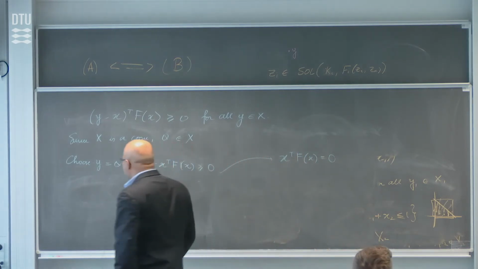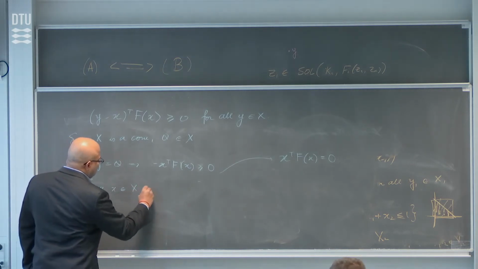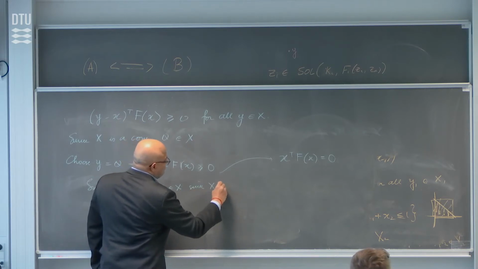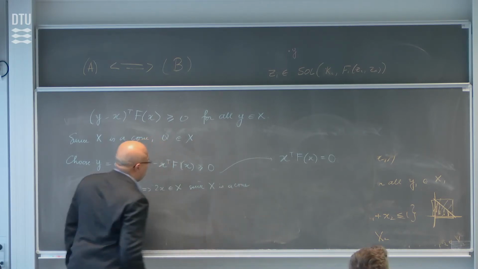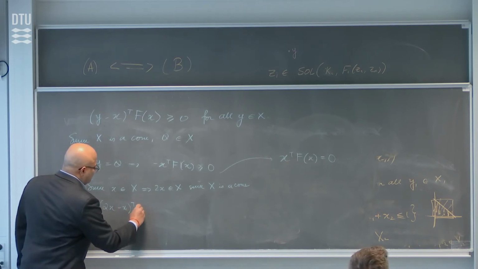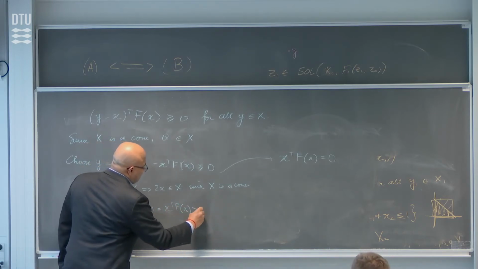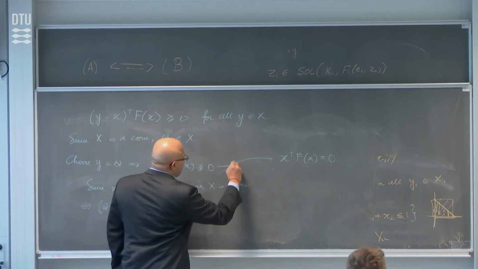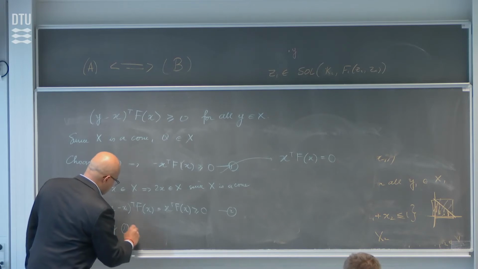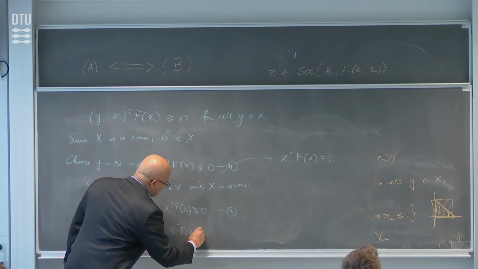So since x lies in X, it implies 2x lies in X since X is a cone, which implies (2x minus x) transpose F(x), which is x transpose F(x), is greater than or equal to 0. So by 1 and 2, we have that x transpose F(x) is equal to 0.